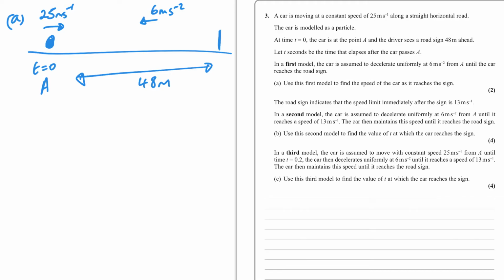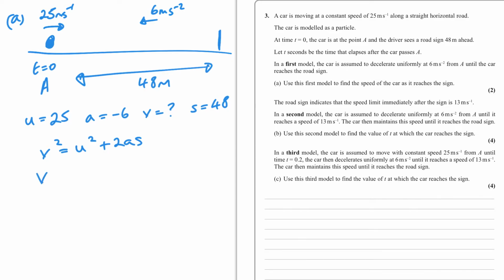So think about what we have. We have u equals 25. We have a equals minus 6. We want to find v, and we have the distance s. So what links them all together? v squared equals u squared plus 2as.